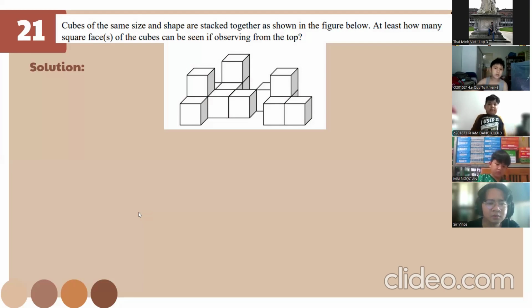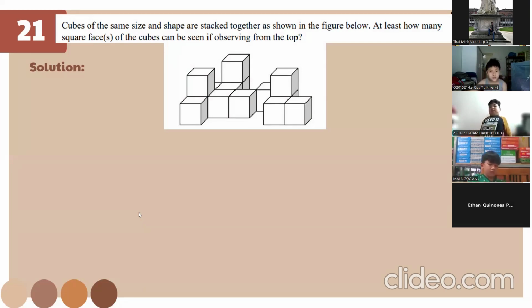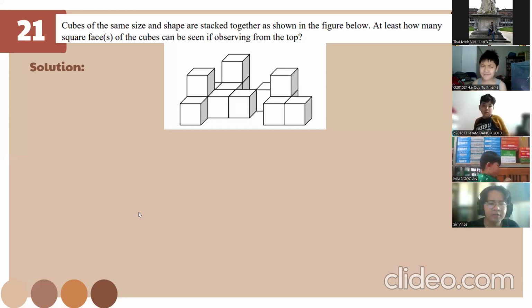Yes, you may go. I'll go to question 12 after this. Okay, I'll go slower. So for this one, class, we can just say, looking at the figure from the top. Yes, the answer, you are all correct on the chat box.